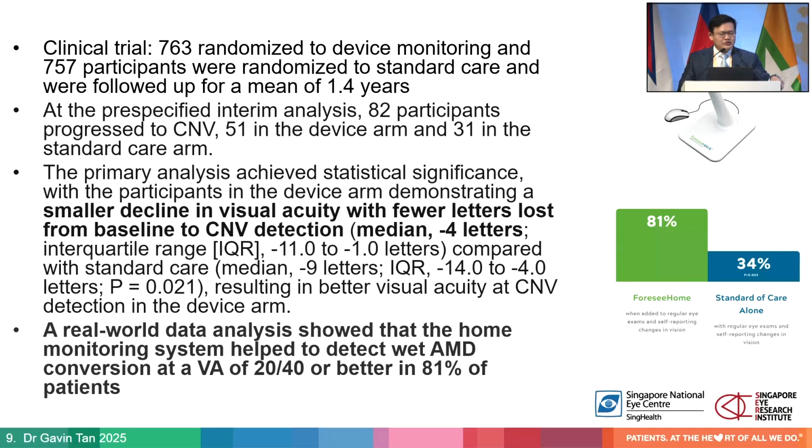A larger real-world data analysis showed that the home monitoring system helped to detect wet AMD conversions at 20/40 or better in 81% of patients compared with 30-something percent in standard of care alone. So this is effective at detecting disease earlier and preventing visual loss.